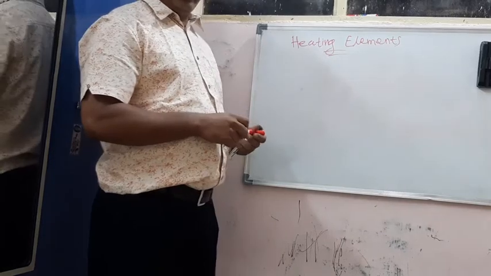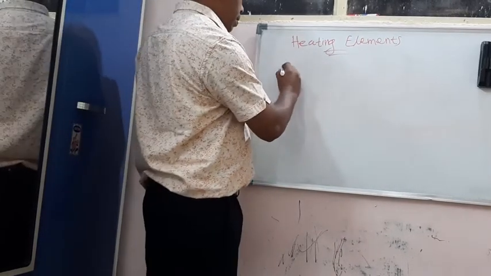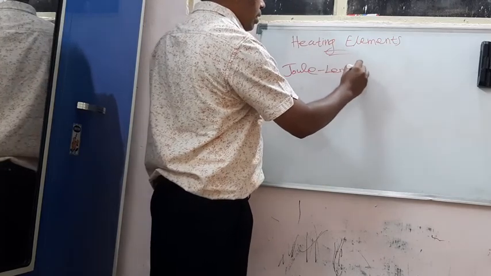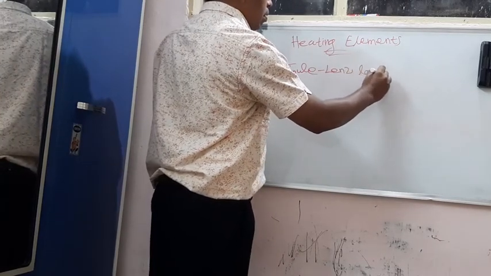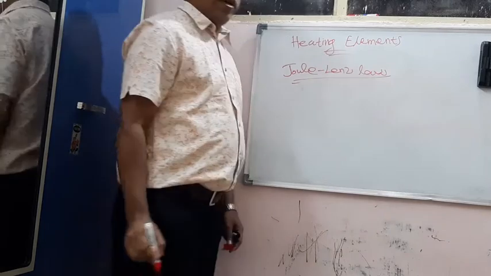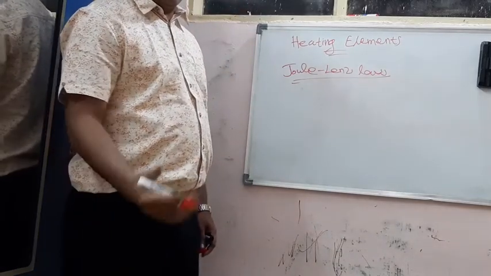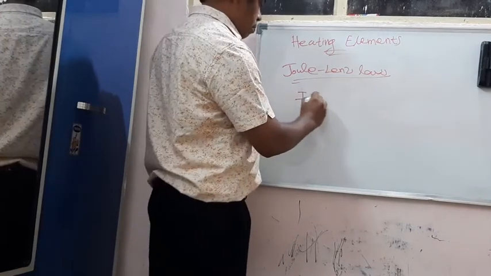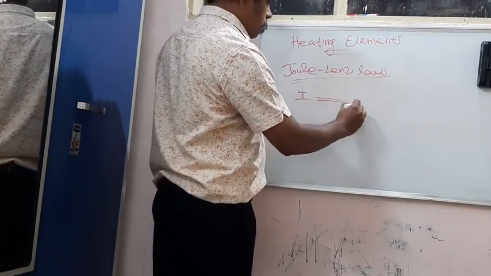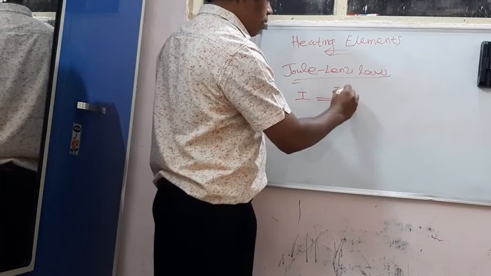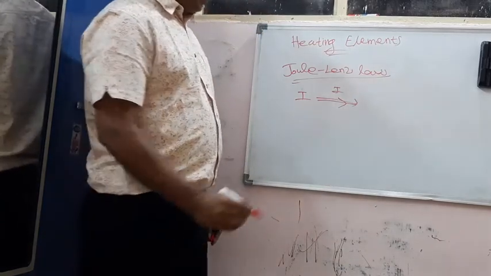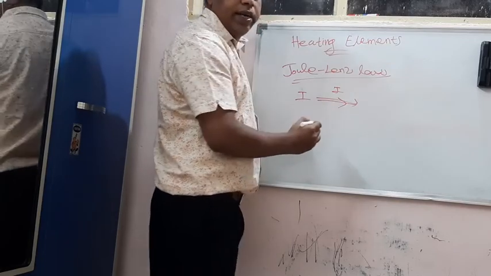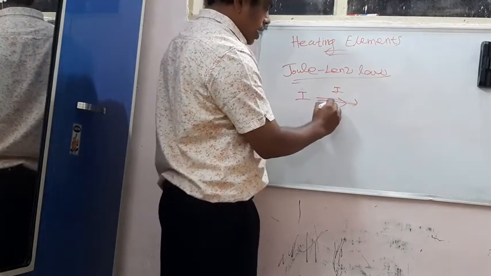According to Joule-Lenz law, when a current flows through an electrical conductor, heat is generated because of lattice vibrations and electron collisions.